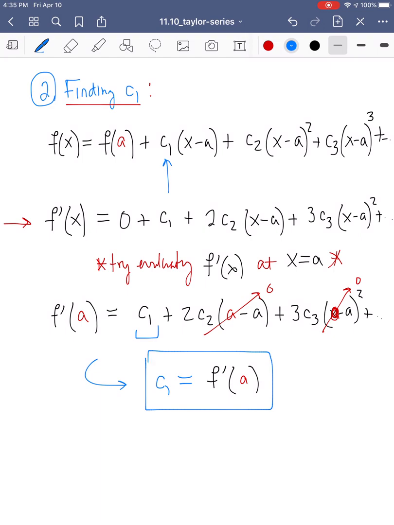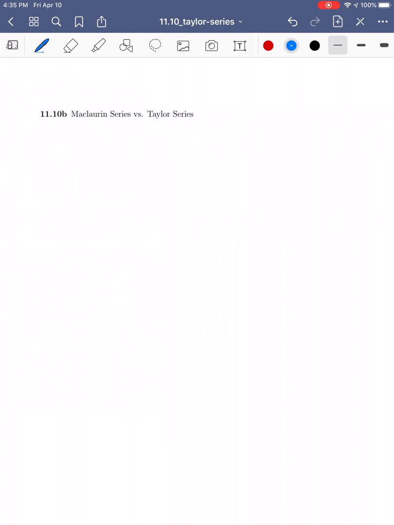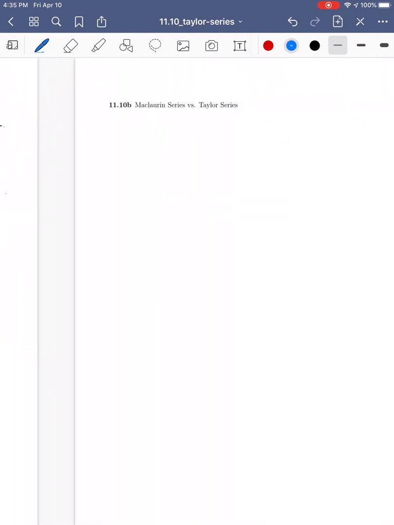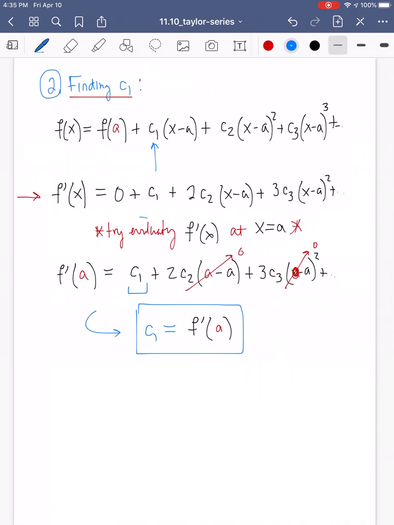Well, let's do a similar thing to find C2. And while you may have guessed it, instead of starting with the original function and its power series in general, we're going to start off with the derivative line and go from there and repeat the same exact process. So finding C2.